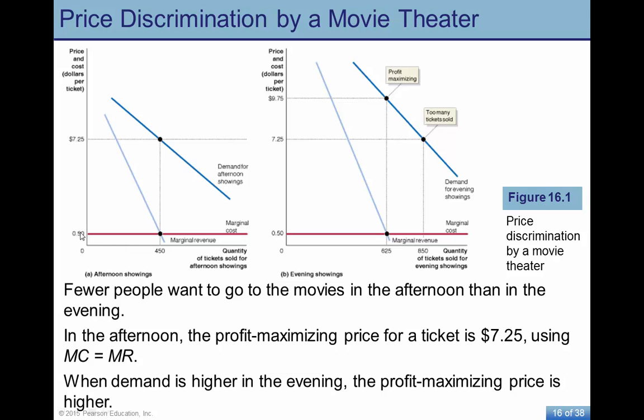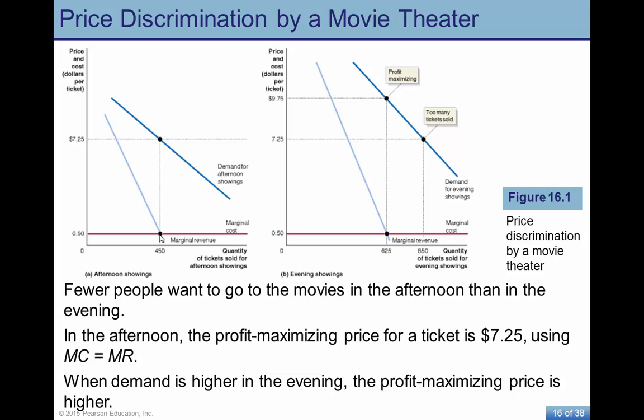Look at the graph in panel A. This is the afternoon price, $7.25, and at this price, look at my cursor, marginal revenue equals marginal cost.